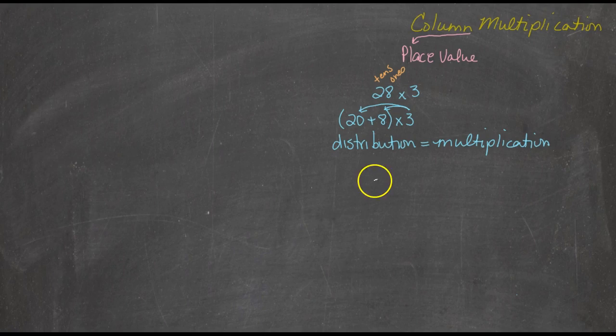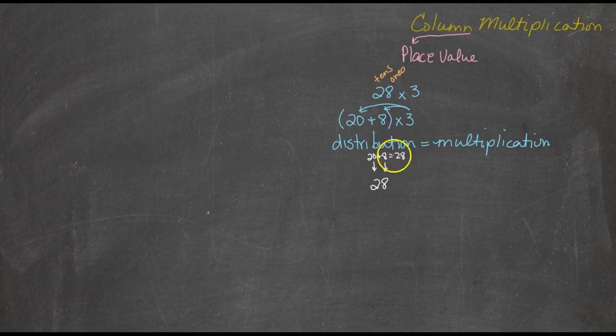In column multiplication, I would write 28 down, but I would just know in my head that this is really a 20 and this is really an 8. If I added those together, it equals 28. That's recognizing that because of its position in the number, it has a value.